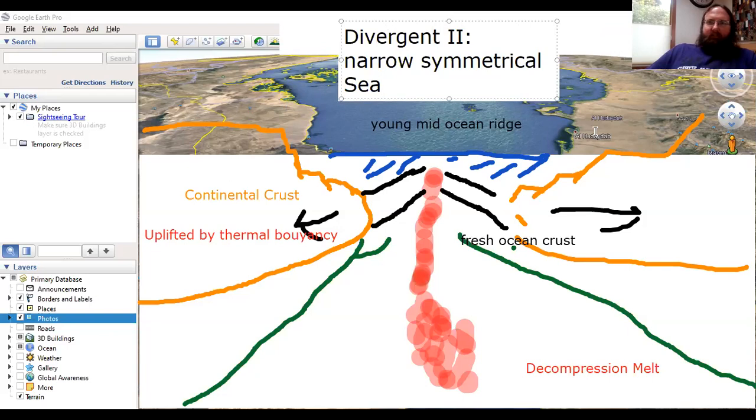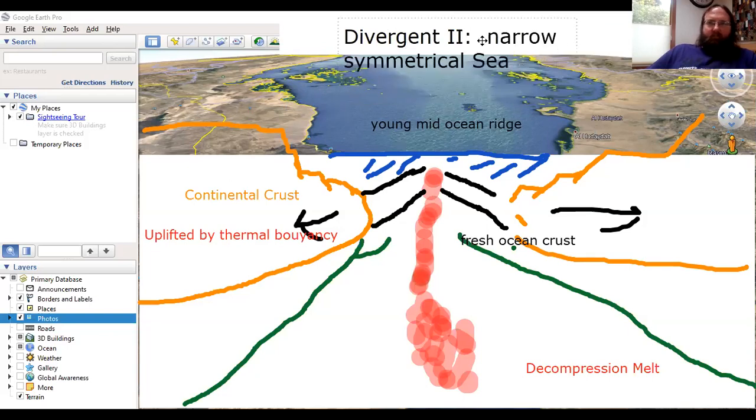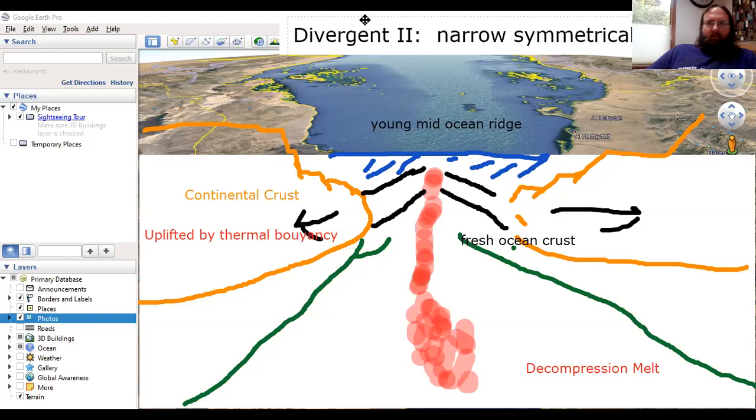And so the textbook example is the Red Sea that you're looking at in this image and the sort of doctored diagram.